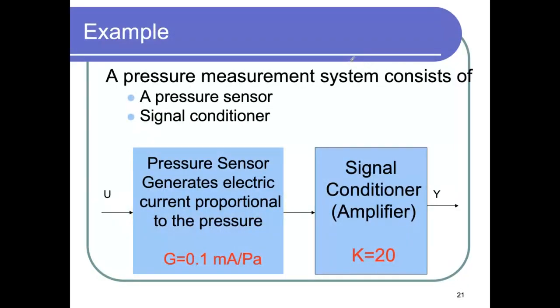It's the Laplace transform of the output over the input. So in this case, G is Y of S over U of S. This is G of S.